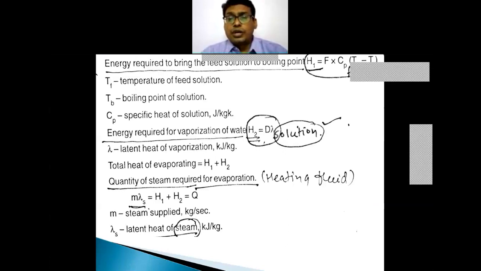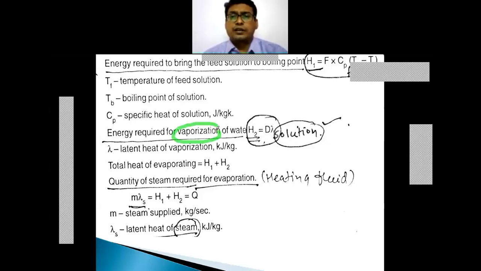In this case, considering the feed is at a lower temperature, the energy is required to bring the feed solution to the boiling point and the energy required for the generation of the vapors. So you will require two energies: one is your sensible heat and second is your latent heat of vaporization.